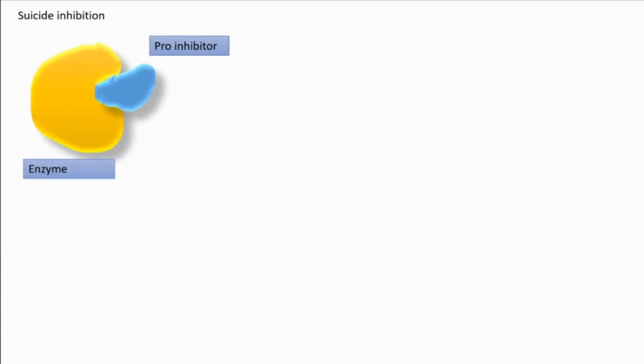Next, we are going to see another type of inhibition called suicide inhibition. Suicide we know. It is again an irreversible inhibition. Here, what is happening? Suicide means an inhibitor is similar to the structure of the substrate.